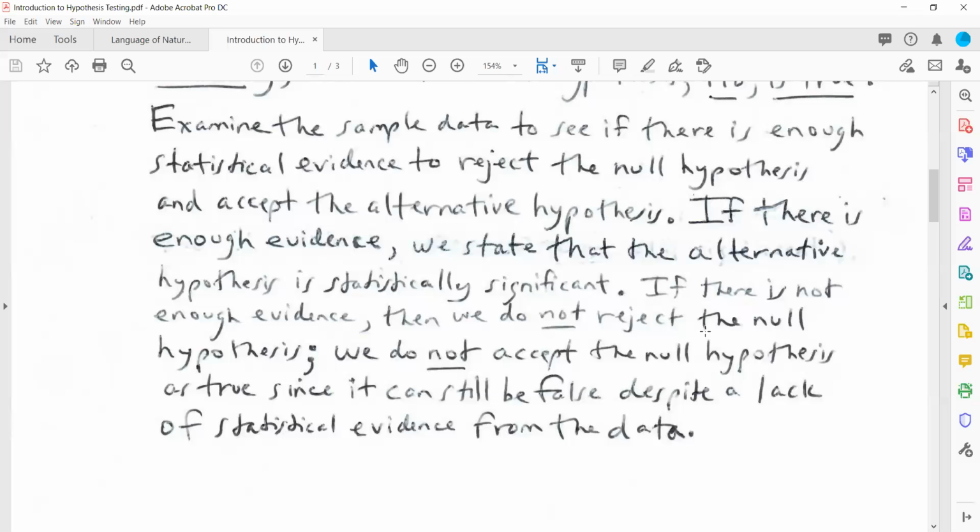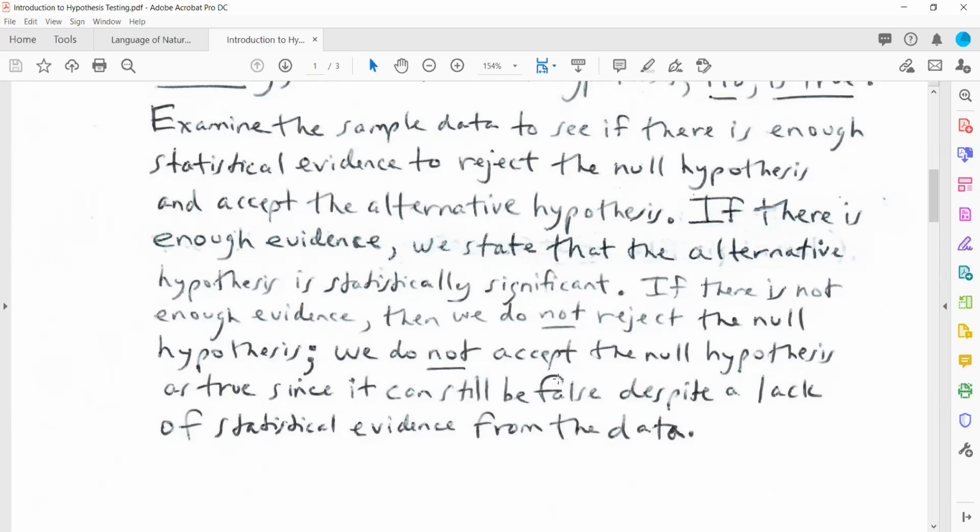So again, there has to be enough evidence to make you feel as if there's a good chance that person committed the crime. So hypothesis testing is just like that. We have to gather enough statistical evidence, as opposed to courtroom evidence, to reject the null hypothesis. But if we don't acquire enough evidence, if the sample data is not strong enough to reject the null hypothesis, we can't say we accept the null hypothesis as true.